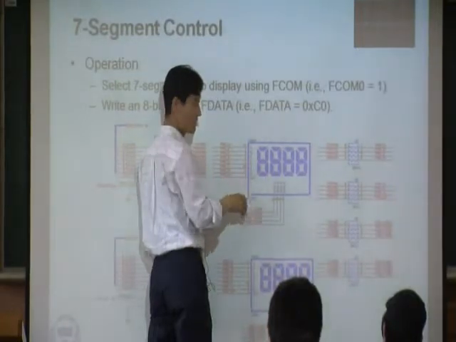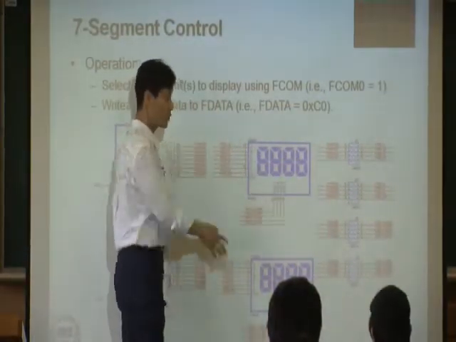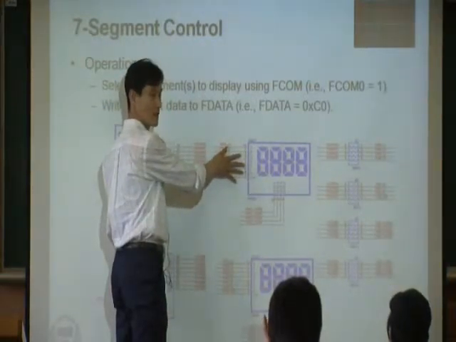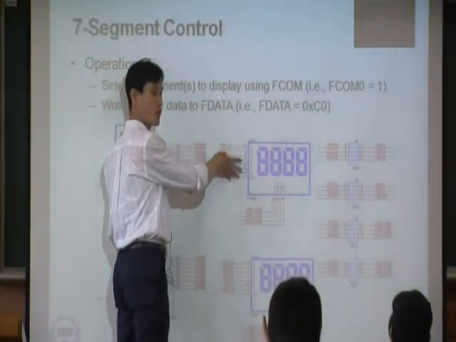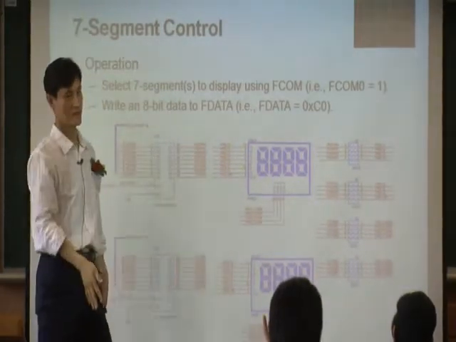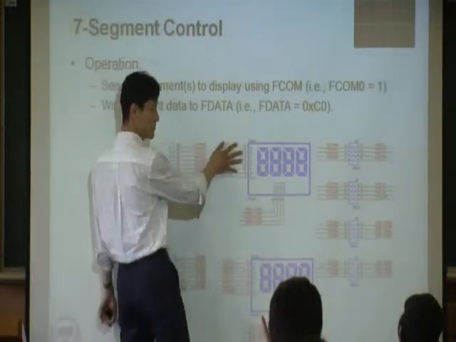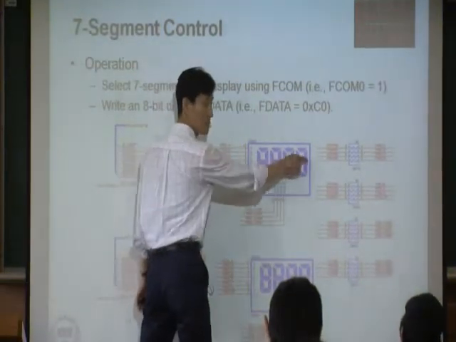If you want to do that, you need to have 8 pins separately. But we only have one group of 8 pins. Then how can you do this? That's a problem. This 8-pin set is connected to all of them.